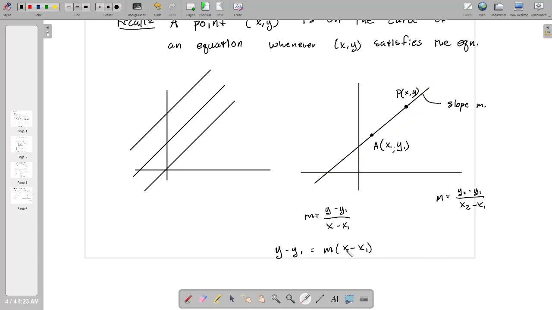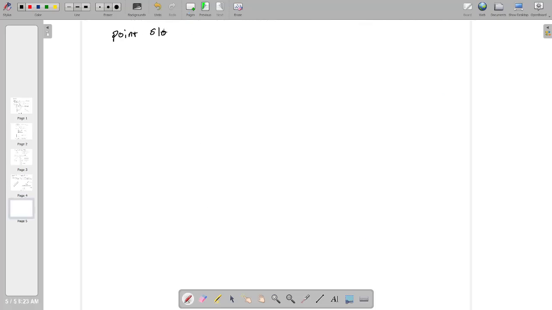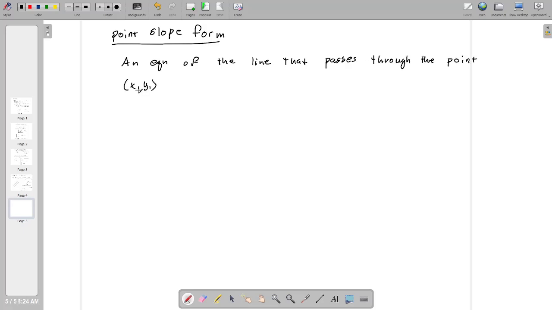So if the point (x, y) satisfies this equation, then it's on the line. Point slope form: an equation of the line that passes through the point (x1, y1) and has slope m is y minus y1 equals m times (x minus x1).